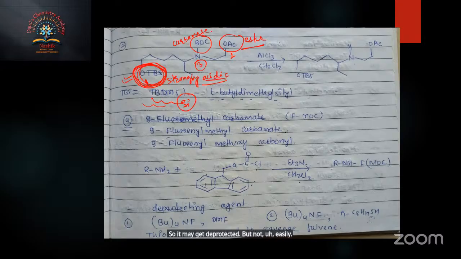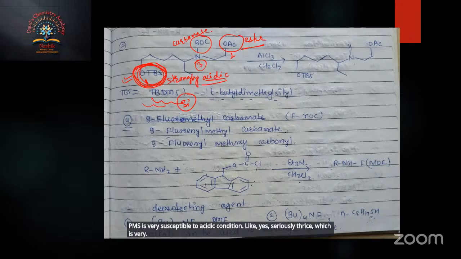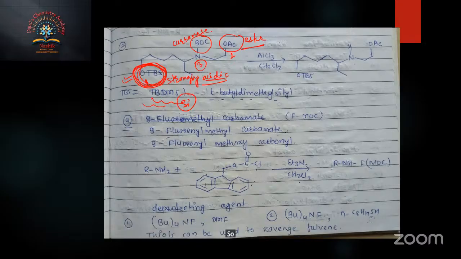TMS is very susceptible to acidic conditions, like Si(CH3)3, which is very weak in terms of protecting. So for this purpose, we have carbamate over here, and you can selectively deprotect this. For this purpose, we have AlCl3.